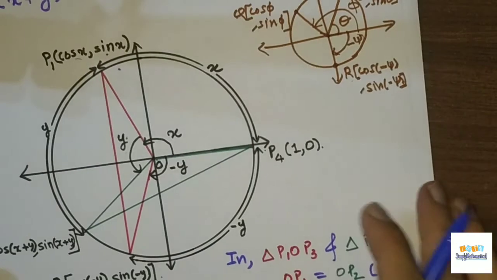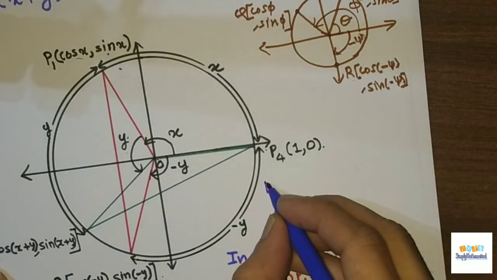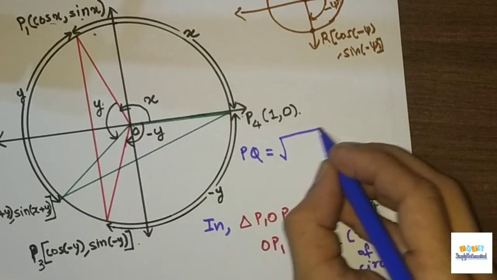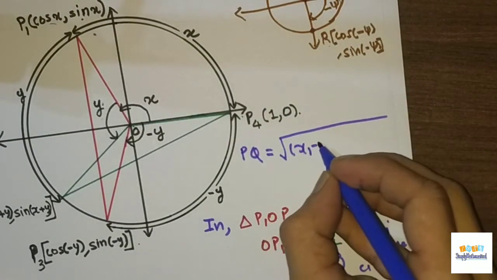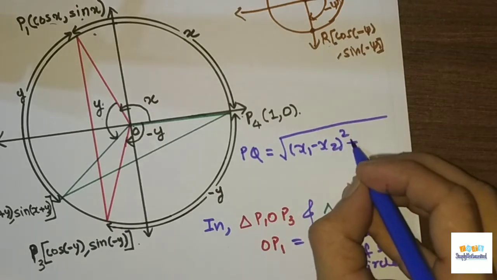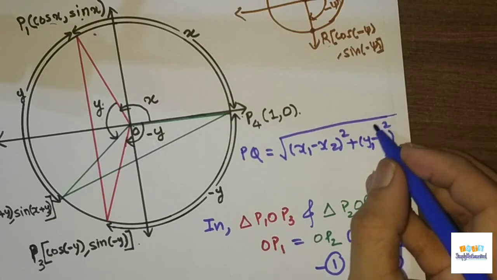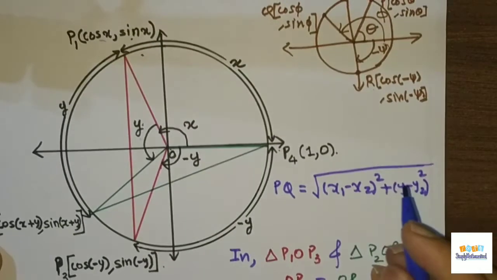That is the distance. If you look at the distance formula, that is nothing but x1 minus x2 the whole square plus y1 minus y2 the whole square. So that is the formula, right?